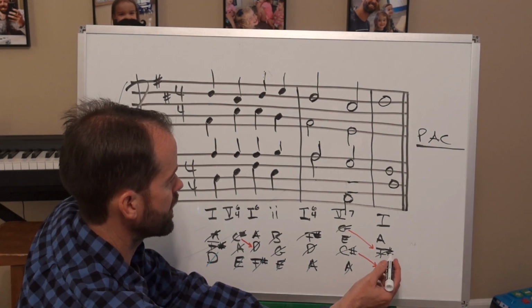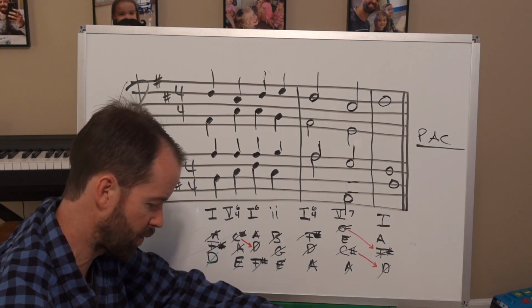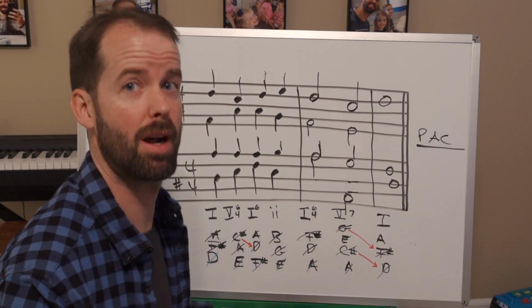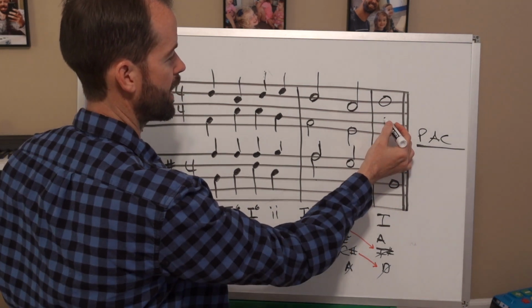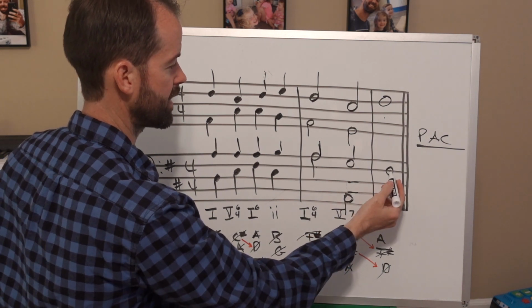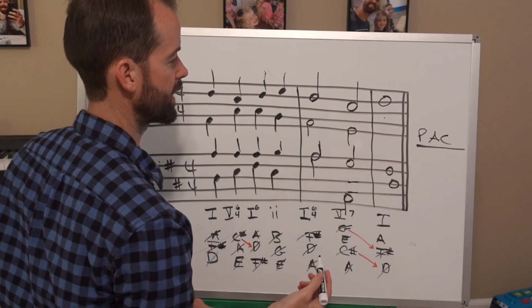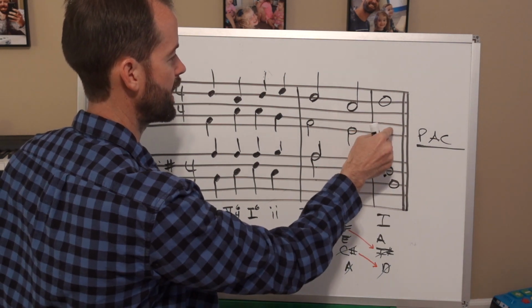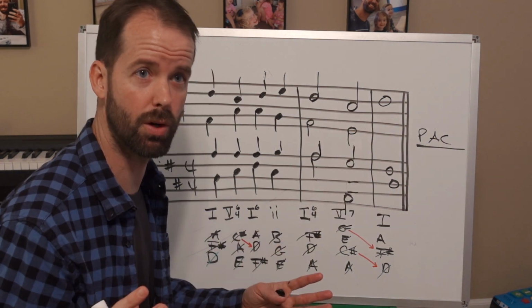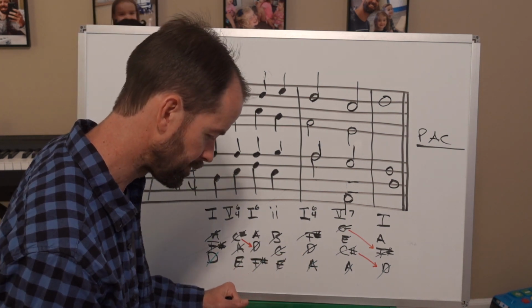In this last chord, we have D, F sharp, and then to kind of fill the chord, we need an A. Here's the problem. I can't write an A right there, and the reason is if I did, I would break the spacing rule. This F sharp is here, and this is an octave right there, that F sharp. So if I wrote the A, I would create the chord, but I would be breaking the rule of spacing.